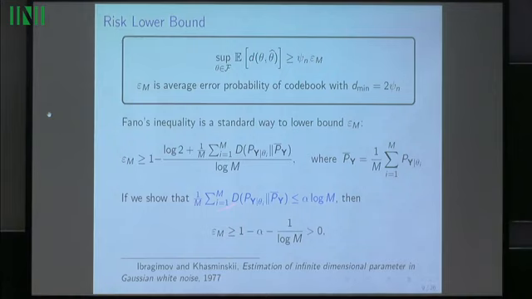So this is nice, and it gives you a lower bound on the risk. But one thing to note is this alpha may be any constant between 0 and 1, and often it can be pretty close to 1 as well. So this is a weak converse, because it's well known that Fano's inequality gives you a weak converse. And the question is, can we improve on Fano? Okay, so that's the starting point for this talk.